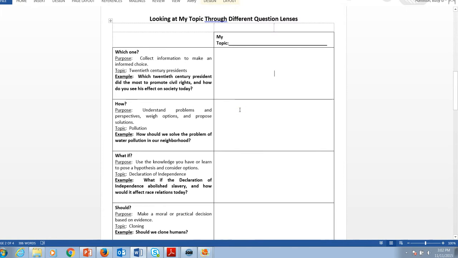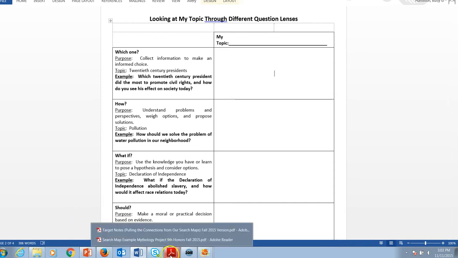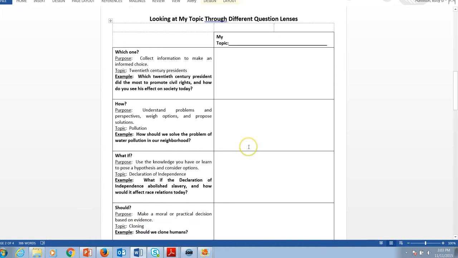And again, just comparing across the different angles or perspectives might help you to get a focal point. We invite you or encourage you to try any or all of these strategies to help you get to a more focused place with your topic.